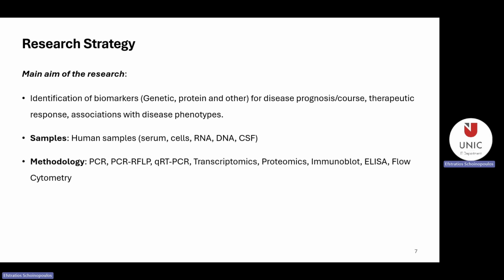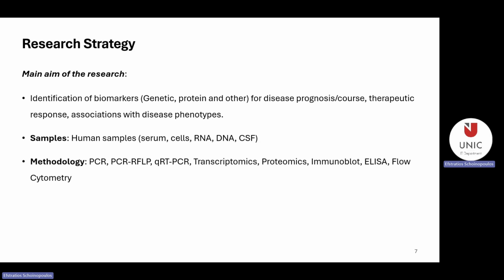The main aims of my research are focused on the identification of biomarkers, genetic biomarkers, protein biomarkers, in general molecular biomarkers, for disease prognosis, disease course, therapeutic response, associations with disease phenotypes. In the last years, I'm working with human samples derived from serum, cells, nucleic acid, and CSF.